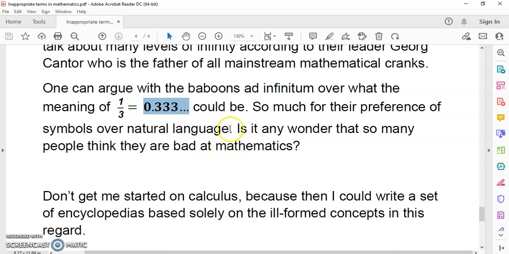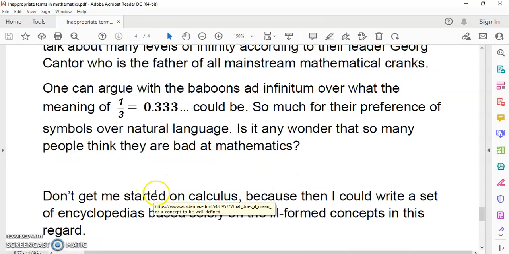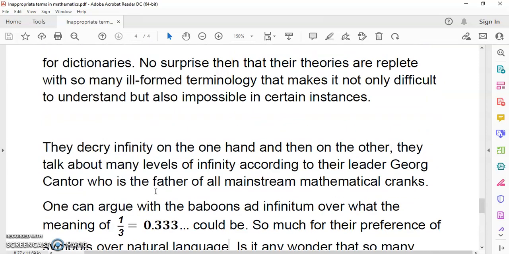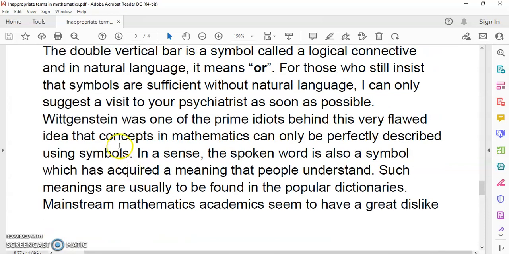So not only are they basically calling a theorem false, but they're showing exactly how ignorant they are of the design and architecture of radix systems. So please try to use well-formed concepts and appropriate terminology when you're talking about mathematics, because it's not a luxury, it's a necessity.